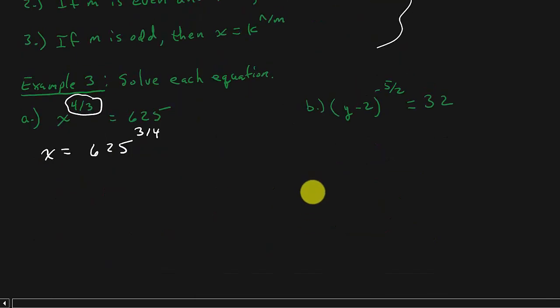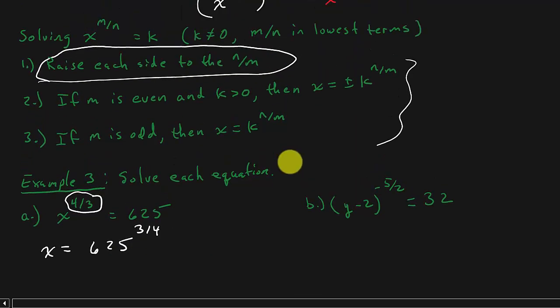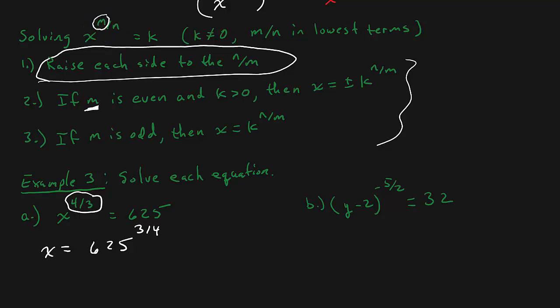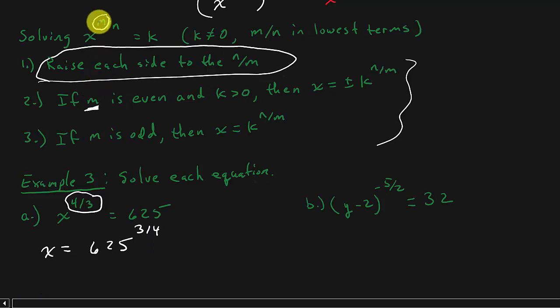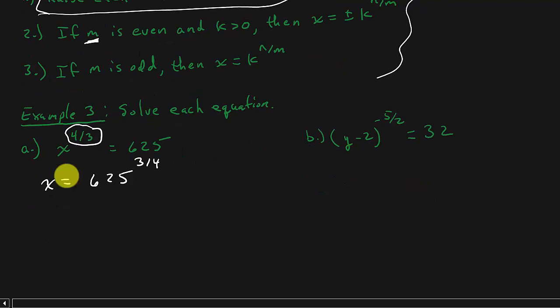Okay. Now, they also said if m is even, so in other words, your exponent here, if the numerator is an even number, then you've got to put the plus or minus out in front.